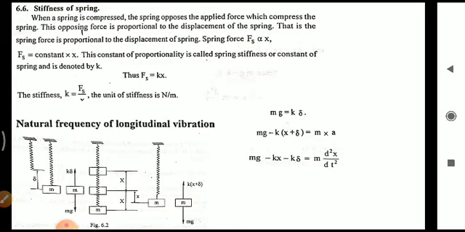Now we are equating the terms, expanding the bracket: mg minus kx minus k delta equal to m into acceleration, which can be expressed as the second derivative of displacement, d square x by dt square, and k delta is equal to mg, so it got cancelled. Our equation will become minus kx equal to m d square x by dt square, and we are writing it in terms of an equation: d square x by dt square plus k by m into x equal to 0.